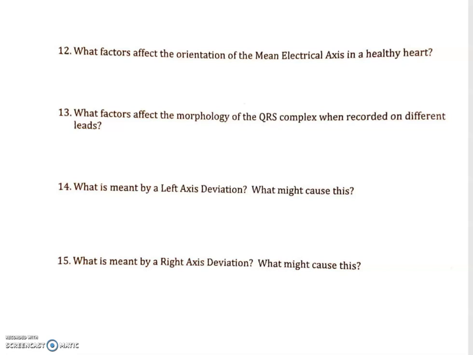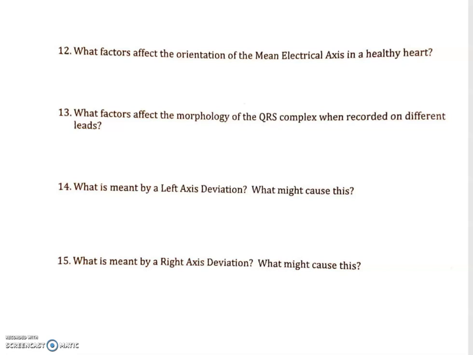Number 13, what factors affect the morphology of the QRS complex when recorded on different leads? The morphology, or the shape, of the QRS complex when recorded on different leads, again, those are anatomical factors. If my heart sits in my chest cavity pointing down slightly to the left, then my lead 2 will be my strongest recording, because it lines up with the electric activity as it goes down the interventricular septum.